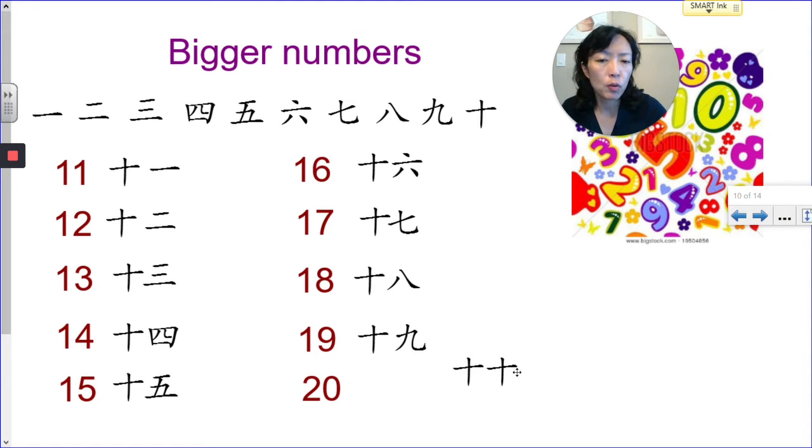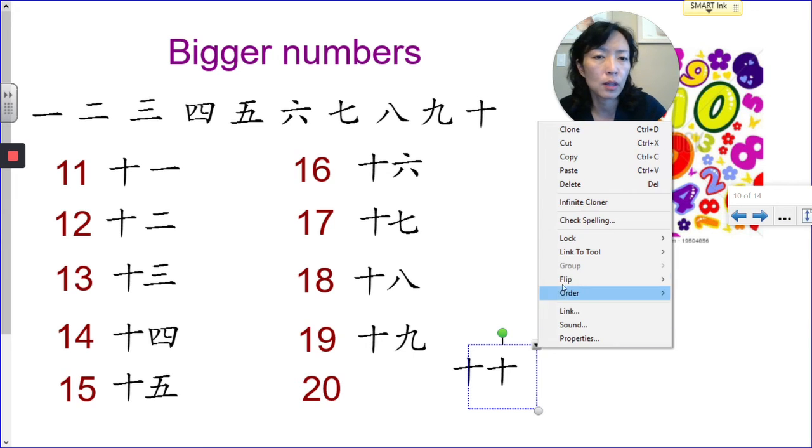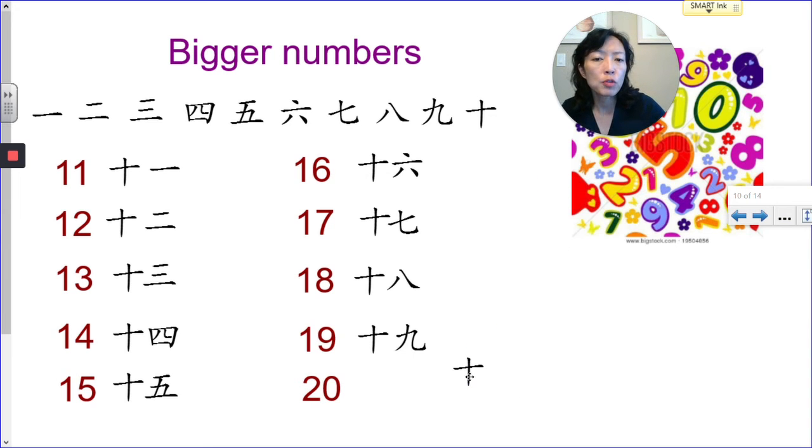But what if you want to make an 80? We don't do 8 characters of 10 together, right? So we're going to have an easier way to make it. I'm going to delete this. We do need a 10, but this time we use an easier way, which is multiplication.